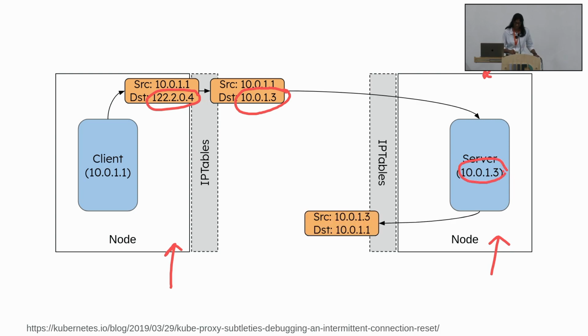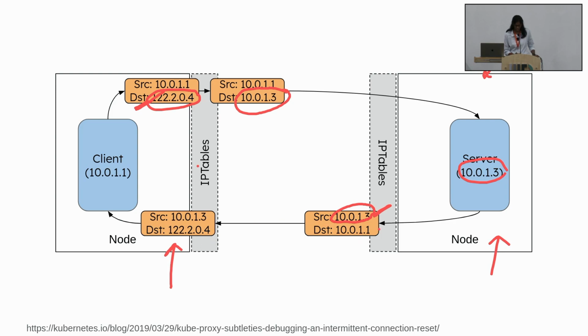And when the response comes back, there is an additional complication: the response can't be sent with the server IP, because this client sent a packet with the destination IP as a cluster IP and is receiving a response back with some other IP, so it doesn't know that this corresponds to that. So the IP tables on this side also ensure that you change this.